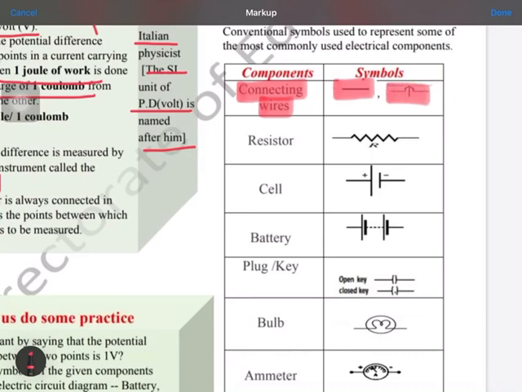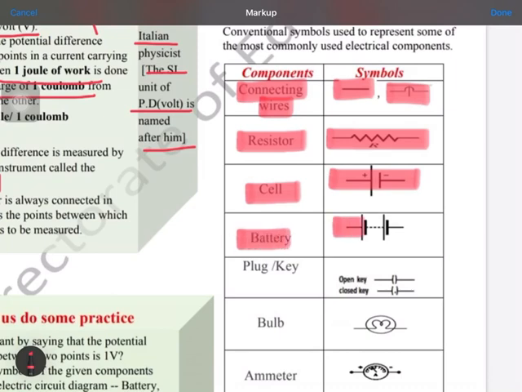Resistor is this symbol. Then cell: when a single cell is there, one big line and one small line. The bigger one will be the positive and the smaller will be the negative.